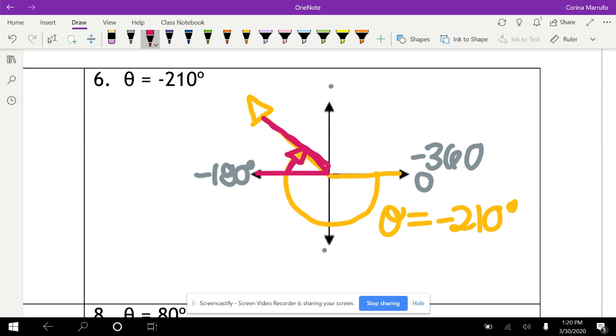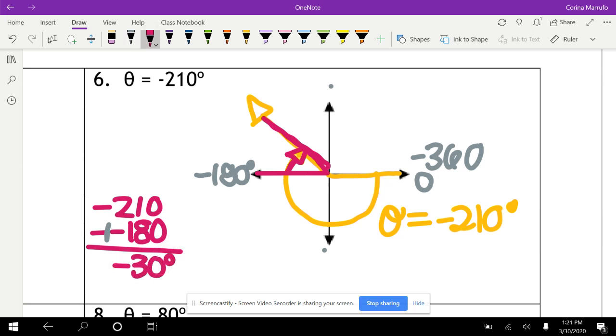So to find that, we are going to take the negative 210 and we are going to subtract the negative 180. Okay, and that's going to tell us how far it is. Now remember, when you subtract a negative, that ends up turning into a positive. So negative 210 plus 180 gives us negative 30.